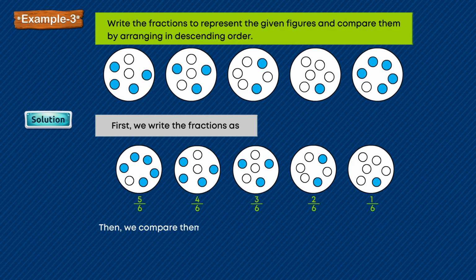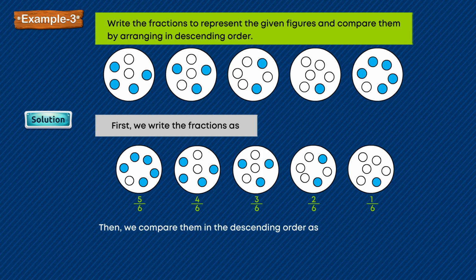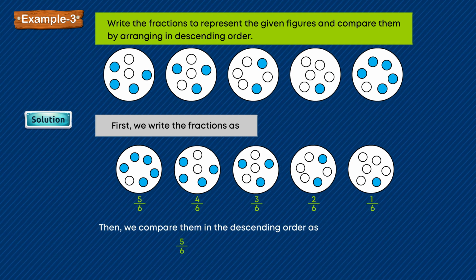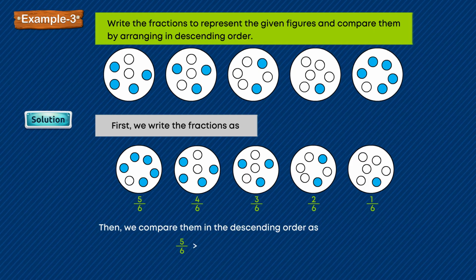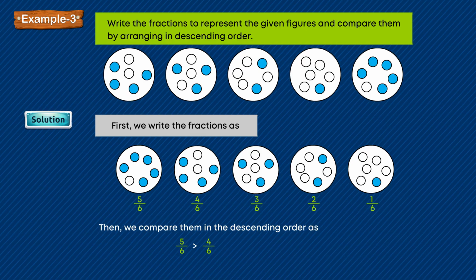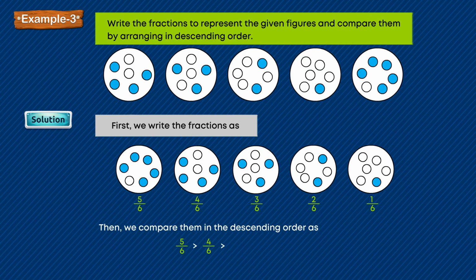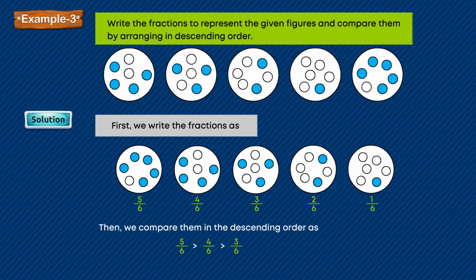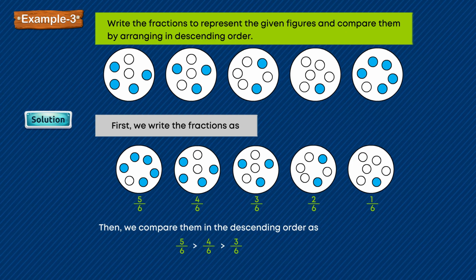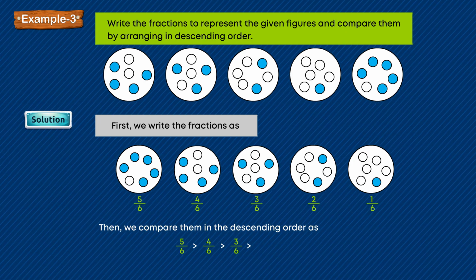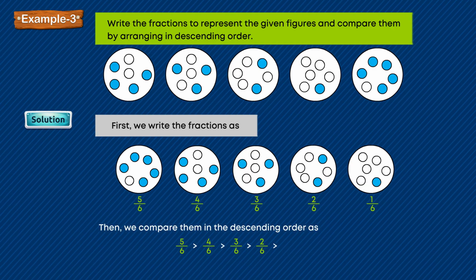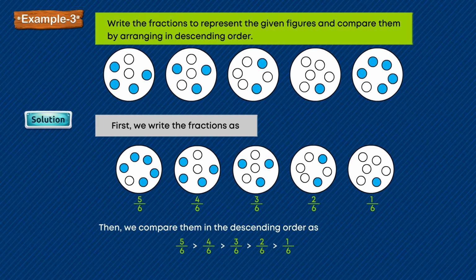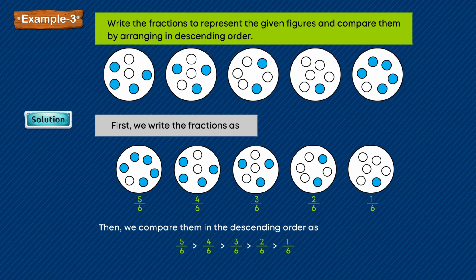Then we compare them in the descending order as 5 by 6 is greater than 4 by 6 is greater than 3 by 6 is greater than 2 by 6 is greater than 1 by 6.